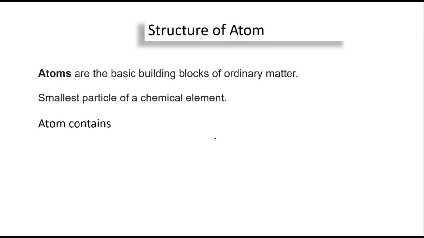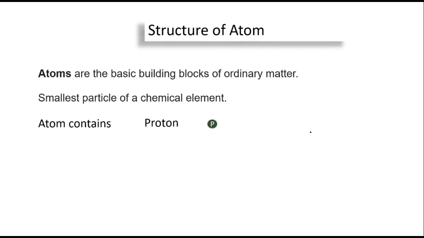Atom contains a few more basic particles inside, and let me name those important particles, right? They are protons. Let me use only singular here, a proton. I can denote this proton as P. It will be easy for us further now to be familiar with diagrams and all.